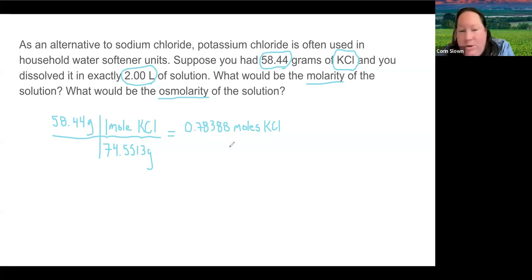Now, in order to determine the molarity, we have to use our volume. So we're going to divide by 2 liters. And that gives us 0.39194.